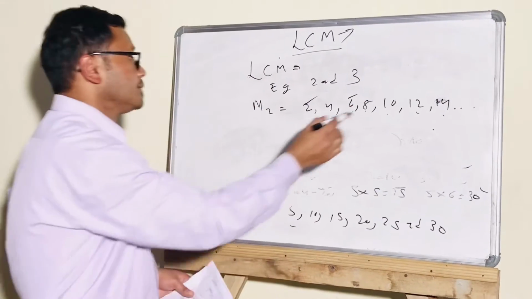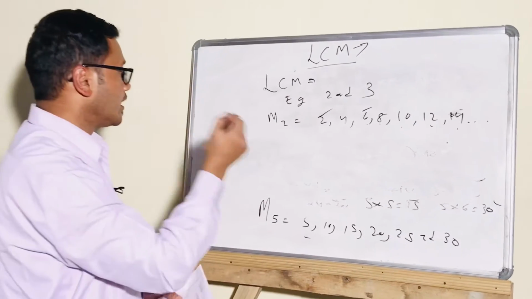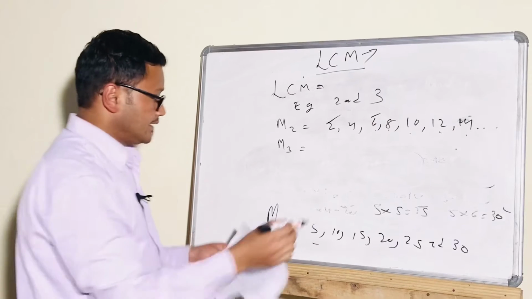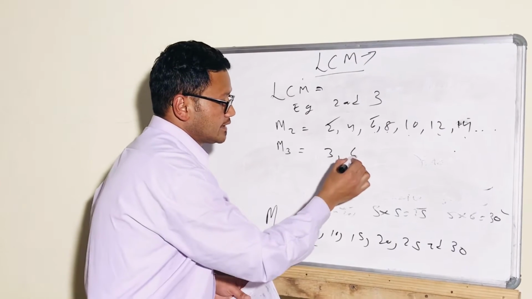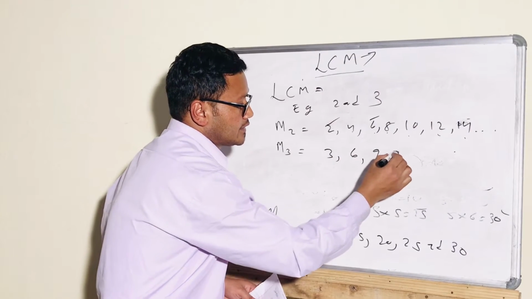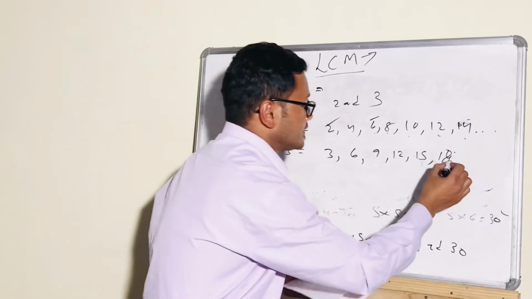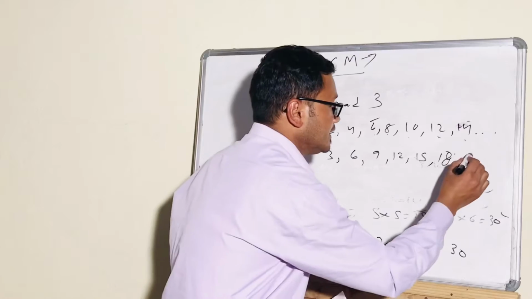We can write up to 14. Now multiples of 3, M3: 3 ones are 3, 3 twos are 6, 3 threes are 9, 3 fours are 12, 3 fives are 15, 3 sixes are 18, 3 sevens are 21.